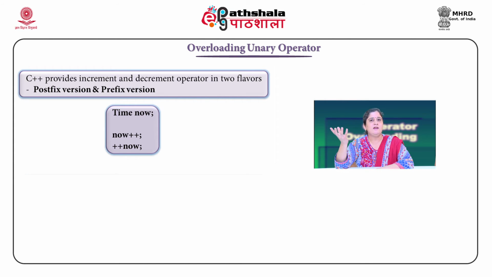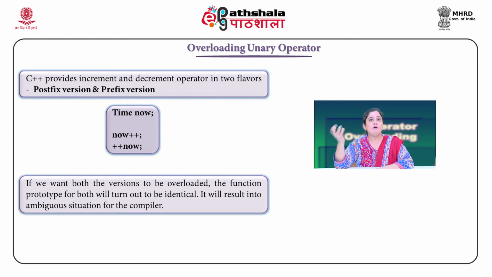If we try to think what should be the prototype for the prefix version and what should be the prototype for the postfix version, we would see that the prototypes for both the versions will turn out to be identically the same. Can we have two functions in the same scope having the same prototype?